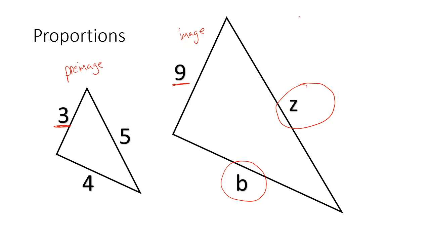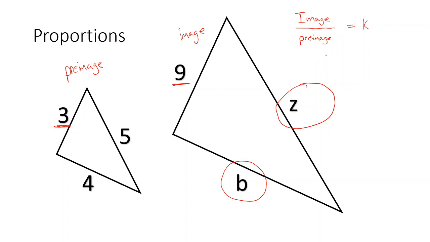Well, if we take a look, image over pre-image will allow us to find the k value, or the proportion.